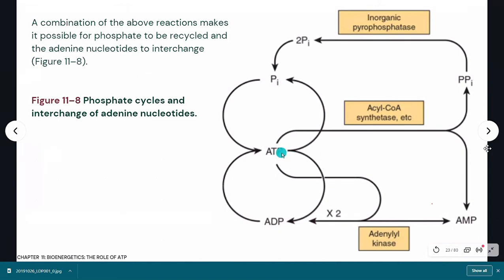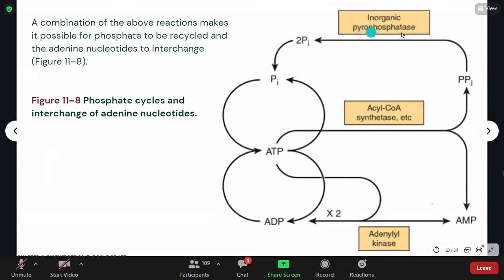That uses up ATP, releasing pyrophosphate. Pyrophosphate is acted upon by pyrophosphatase, so it is broken down to inorganic phosphates. These inorganic phosphates can then be utilized to form ATP again. ADP plus a phosphate becomes ATP.